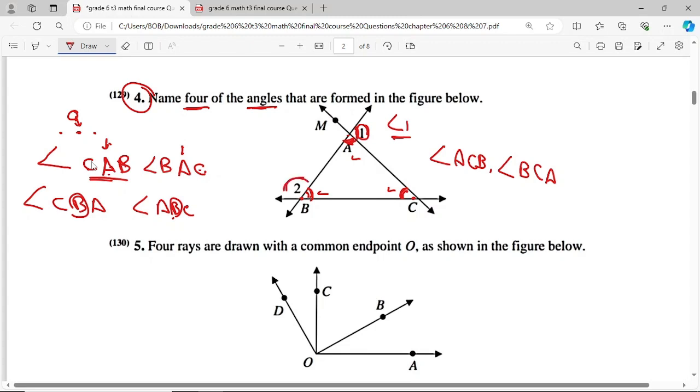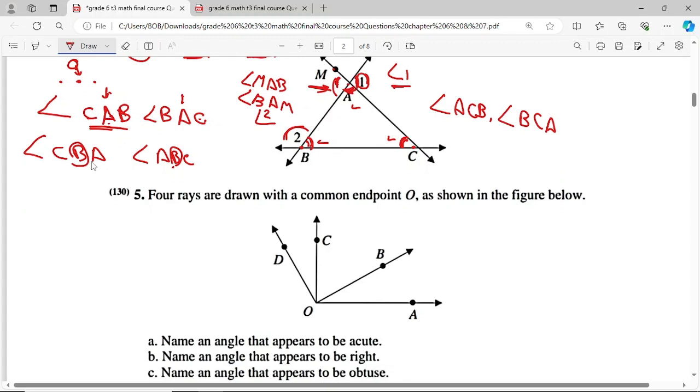This angle I can say is angle 2. And here's another angle. I can say angle with 3 points, MAB. So this angle can be angle MAB or angle BAM. So now I named more than 4 angles.